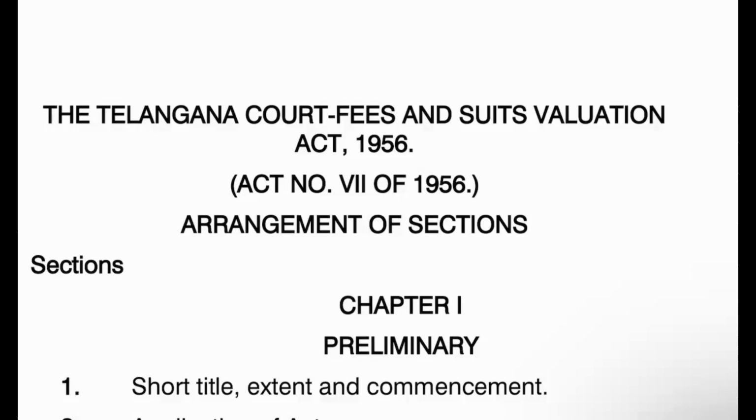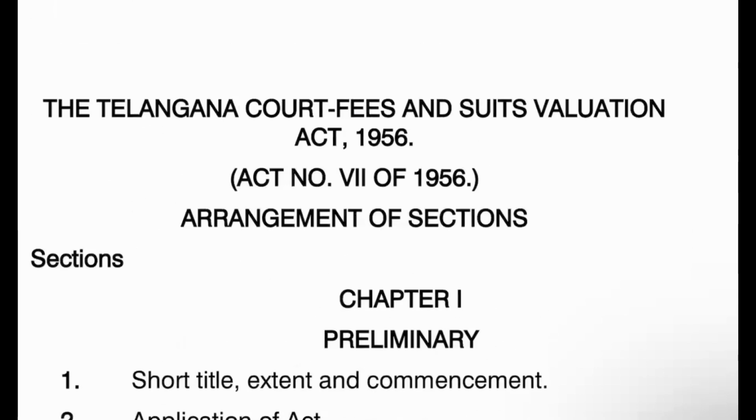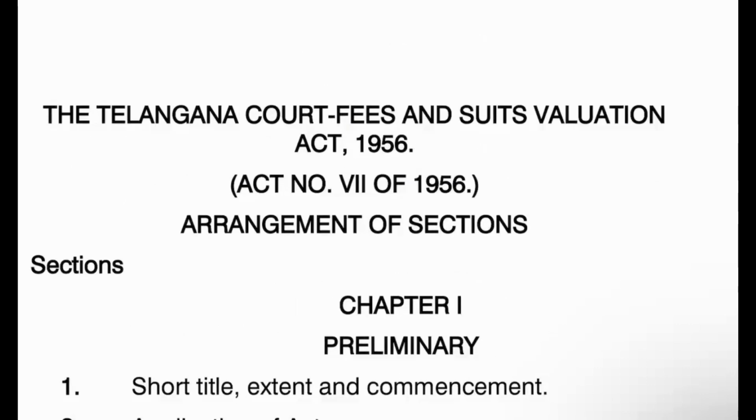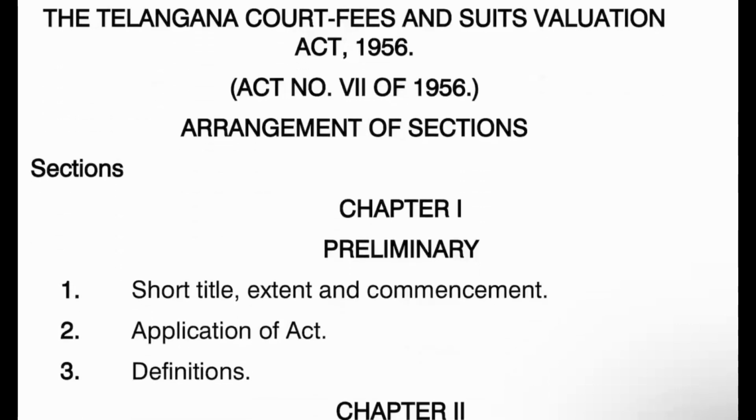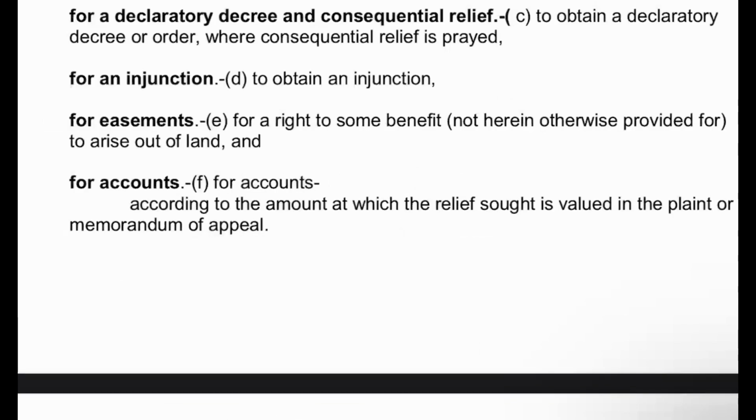This is a state level act. Whenever we are calculating the fee, we have to go through this act and calculate. But if anything is not present here, then we have to take this other act.